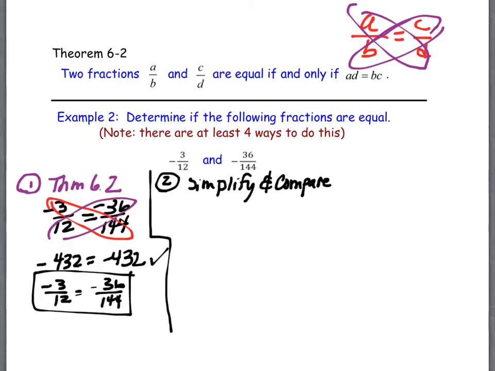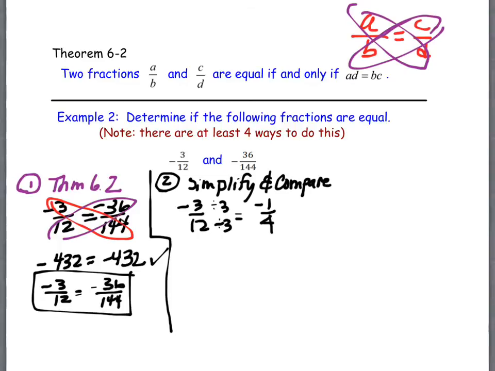So if I take negative 3 over 12, 3 and 12 have something in common. What do they have in common? 3, and then I'll get a 4, right? So if I divide them both by 3, this actually ends up giving me the fraction, and it's negative still, so negative 1/4.